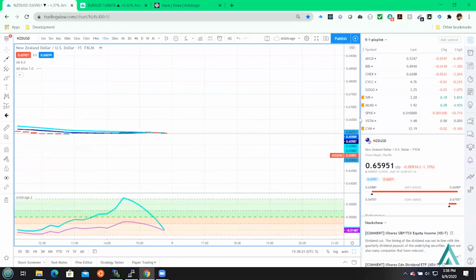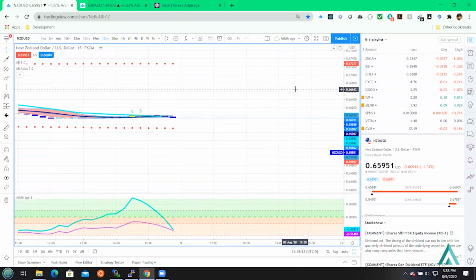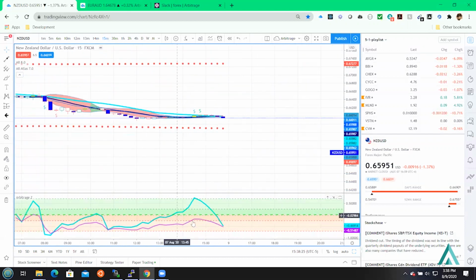Looking at the 15, they're already there. I know most of the time people like to see them fall fast, but honestly, if it just drifts where it currently is, that might be the best thing for NZD USD, to allow it to get more down.